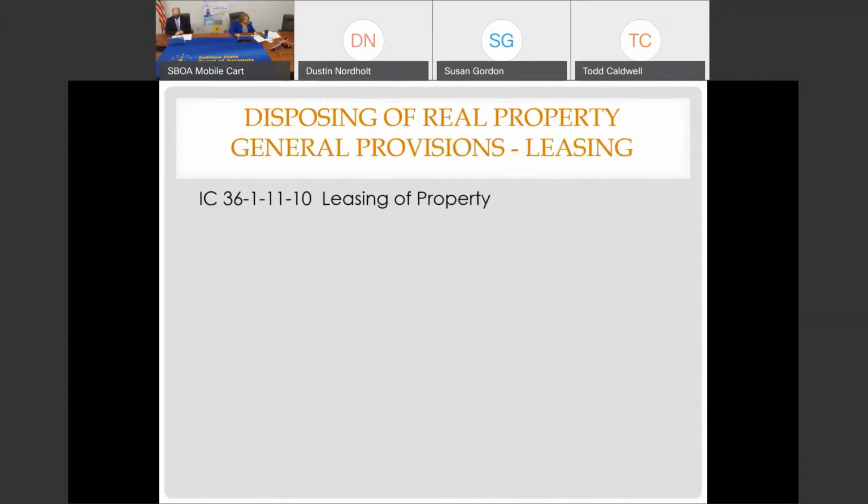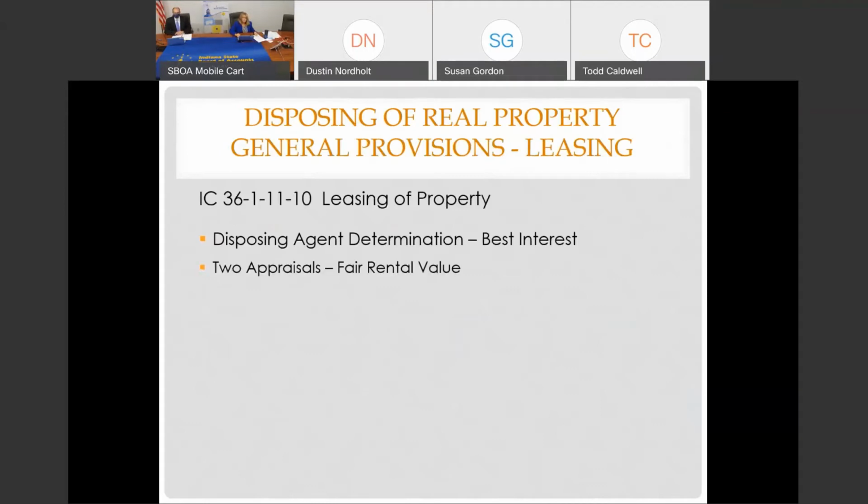So on these general provisions, the disposing agent does need to make a determination that it's in the best interest of the unit to lease property rather than dispose of it or transfer it or exchange it. There has to be 2 appraisals determining the fair rental value.